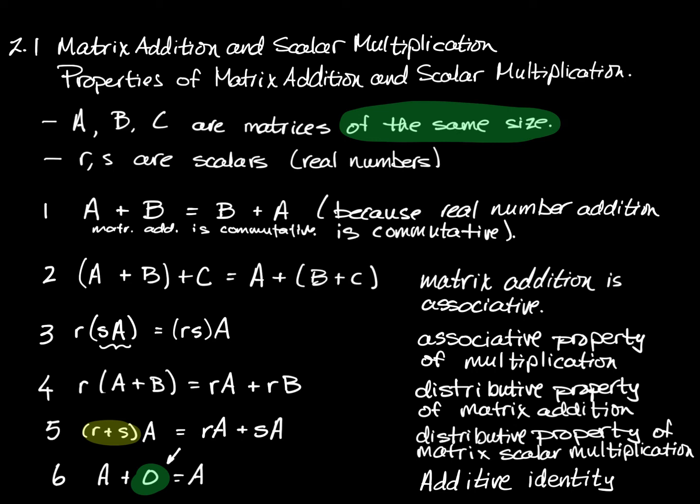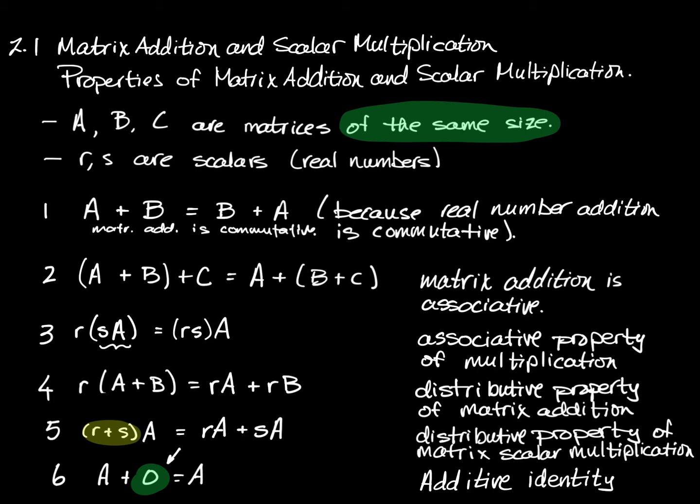These properties could be listed in any order, and in some textbooks they are listed in different orders. So to call one of these property 3 just doesn't make sense. It's worth knowing what they're called, simply because other people you're talking to will know what you mean when you say the distributive property of matrix addition. We say matrix addition because otherwise we could be talking about real numbers.